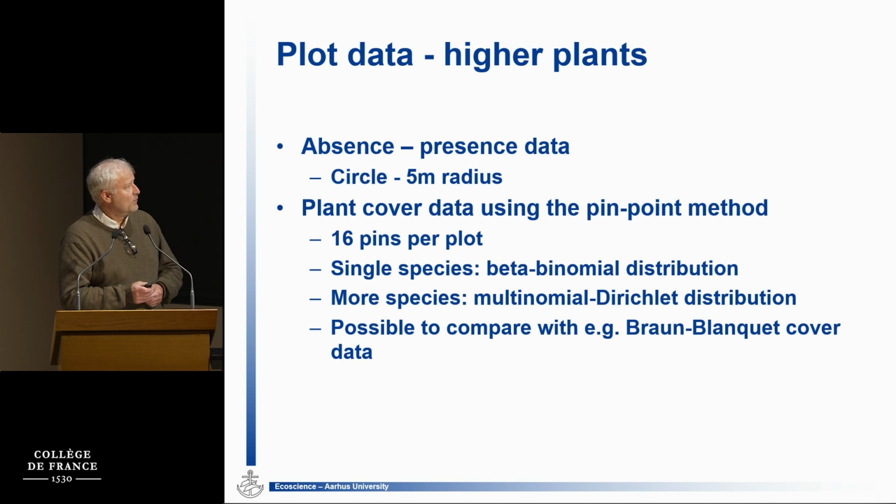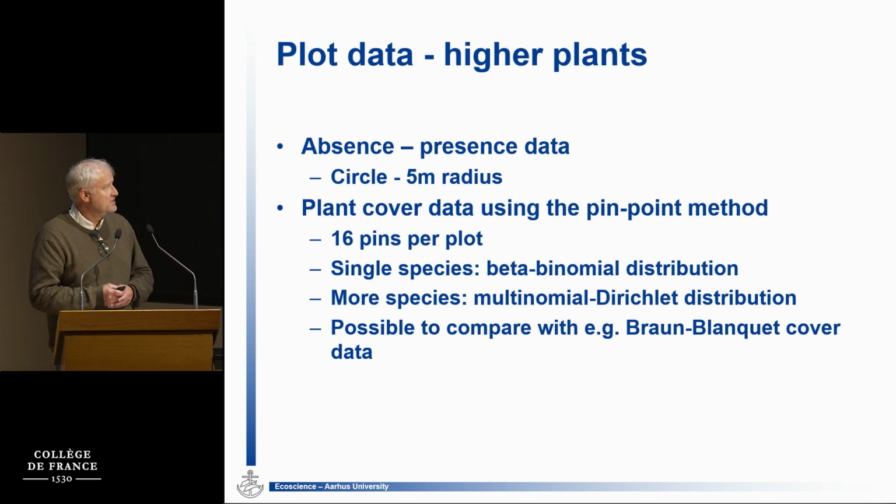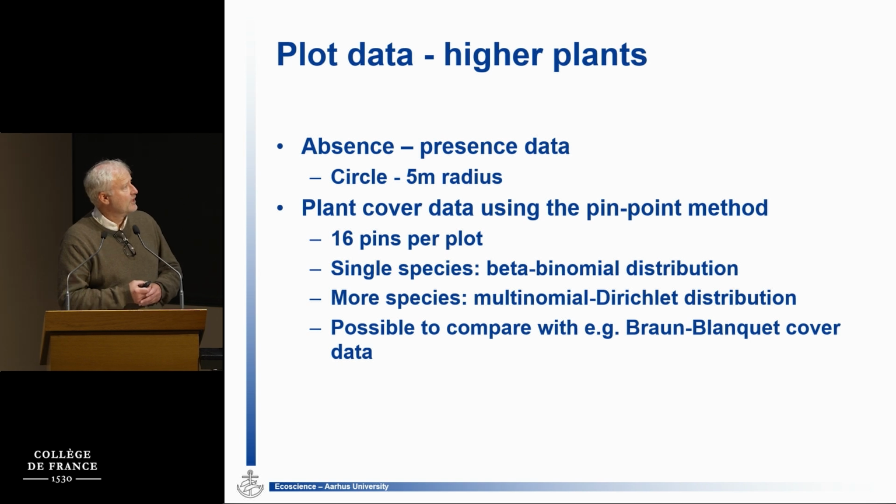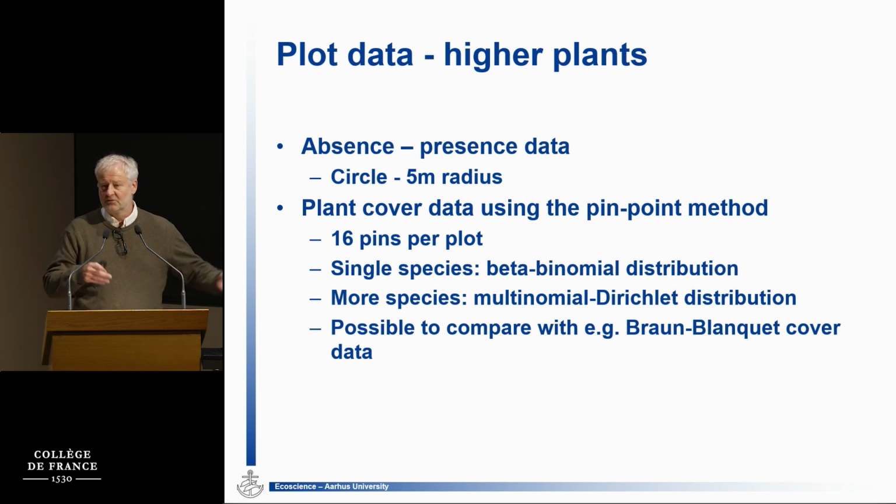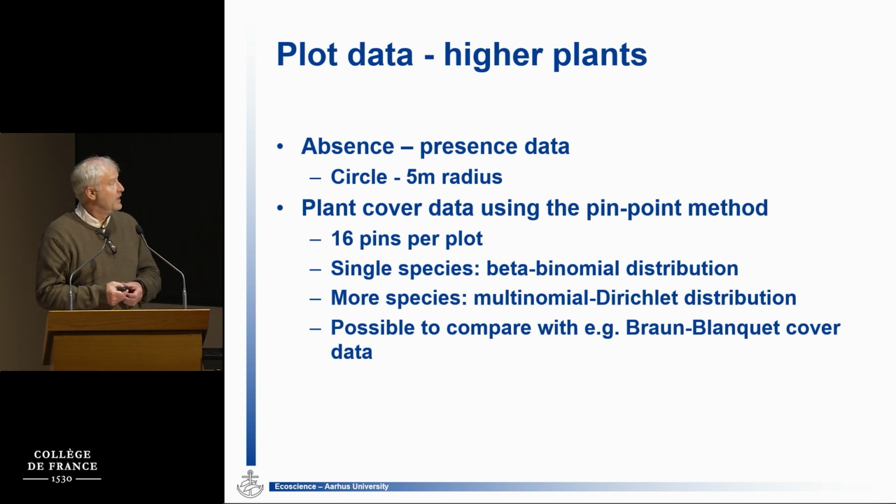And they are quite well behaved. The single species can be described by the beta binomial distribution. And if you want to work on the community level, so grasses, herbs, some other species together, then we can work with more species.